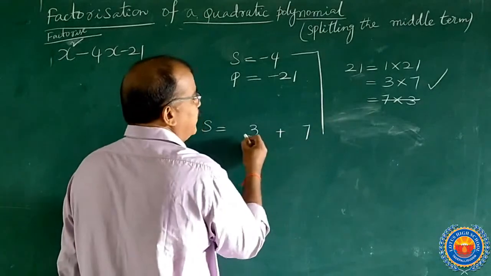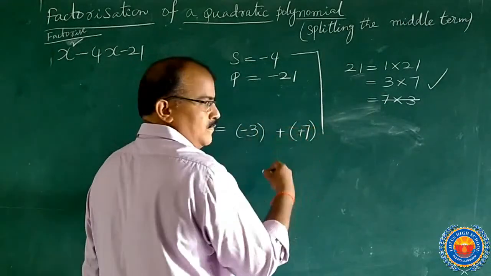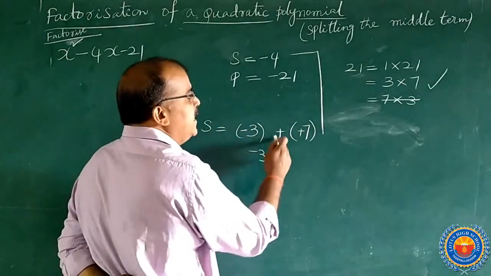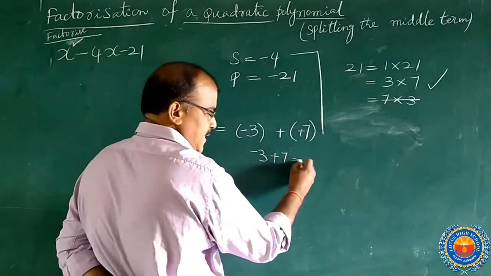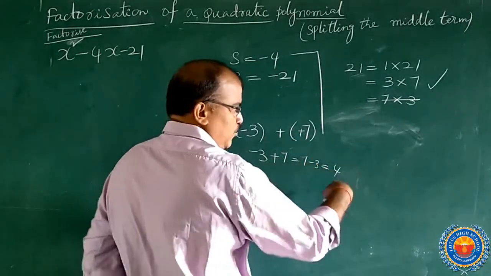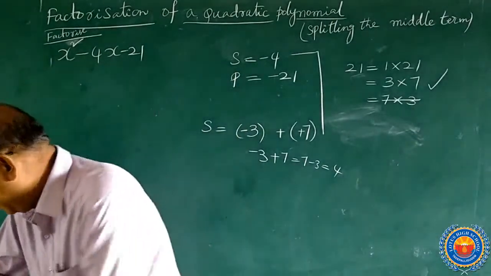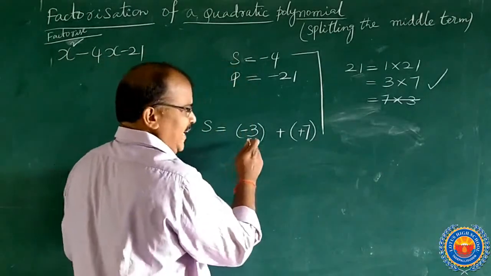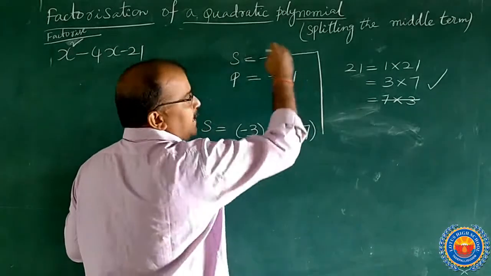That's why I take minus 3 and plus 7. Minus 3 plus 7 is nothing but 7 minus 3, which is equal to 4. This is also not correct. My assumption is wrong. I took minus 3 plus 7 and got 4, but I should get minus 4.